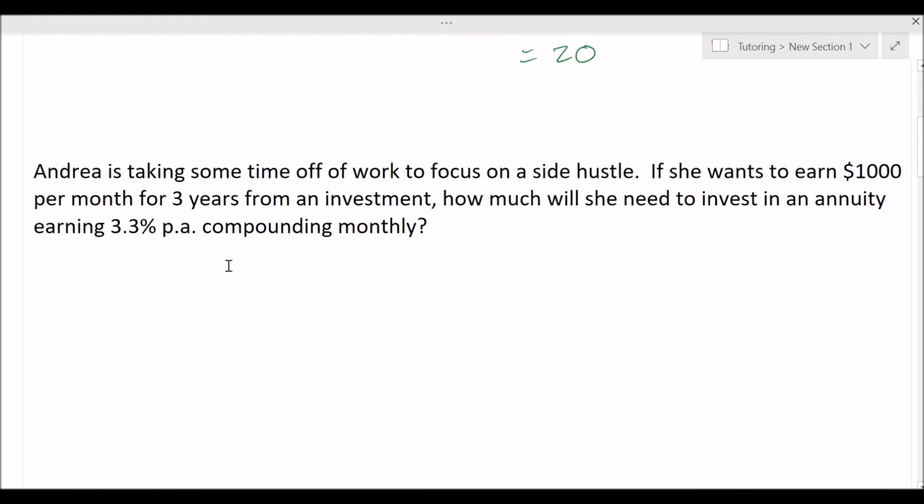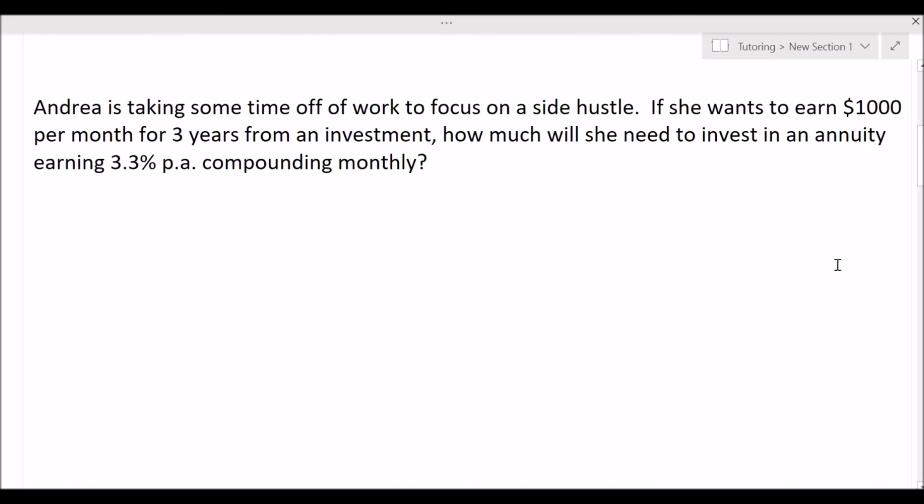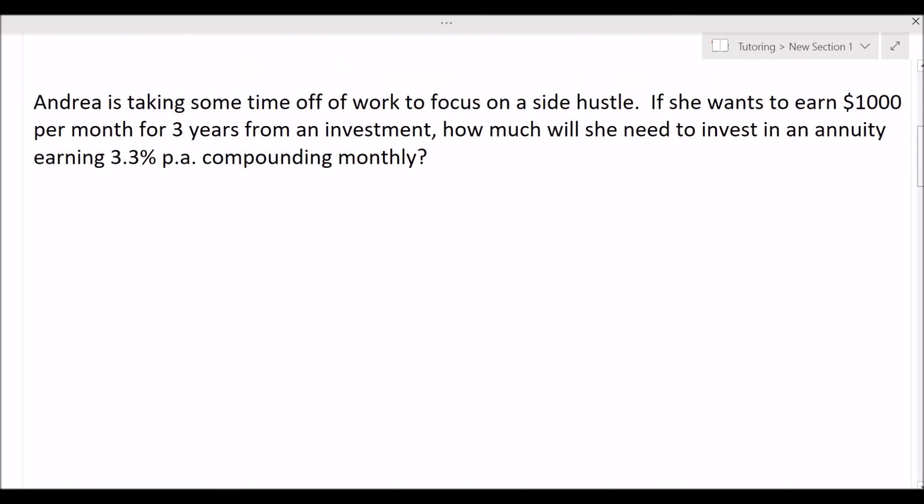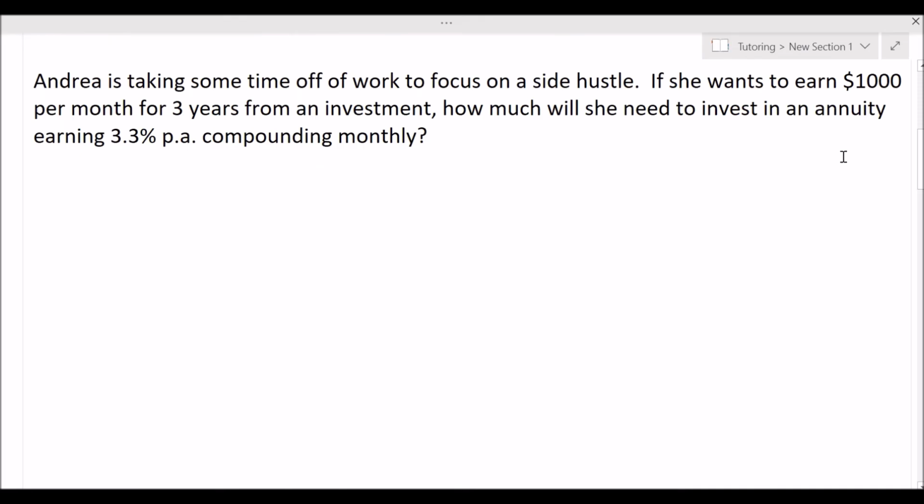Okay, here's your next question. Once again, read it, figure out whether it is investment or loan. If it's an investment, is it deposit phase or withdrawal phase? And what variable are you solving for? Okay, pause the video, have a go.